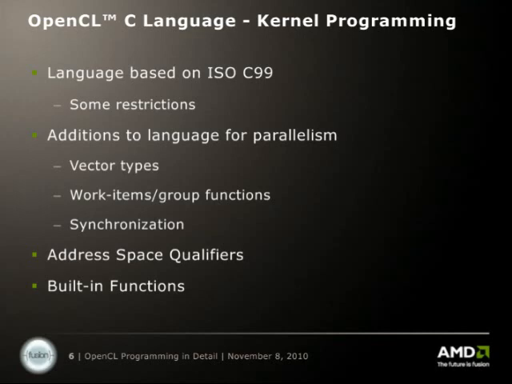And there are also synchronization built-ins that are introduced because this programming model requires fine-grained parallelization across threads, and there needs to be some ability for synchronization. There's also the introduction of address space qualifiers because the memory model with OpenCL is more complicated than one would use, for example, with a simple C program, to reflect the varied distributed memory elements that you'll find in a hybrid system like this. And there's also a large number of built-in functions that are introduced. For example, there are a lot of math built-in functions that you have available as a programmer.